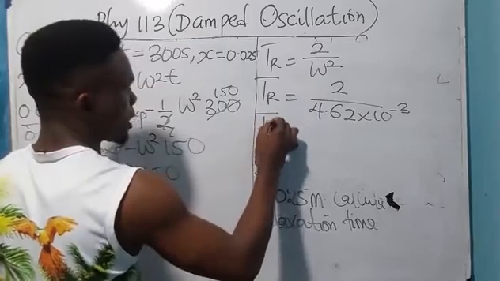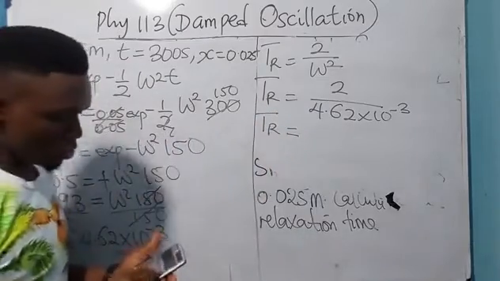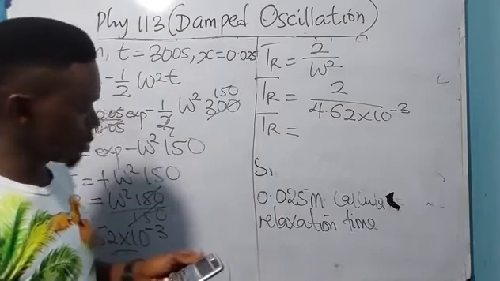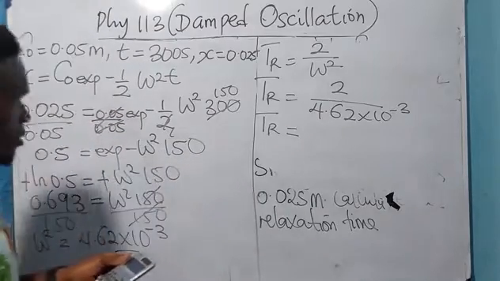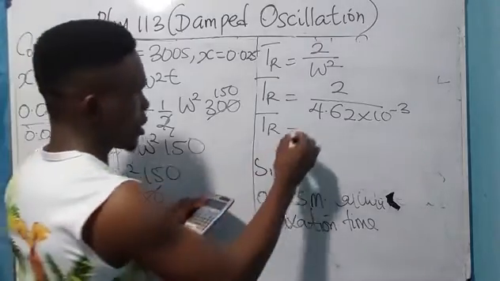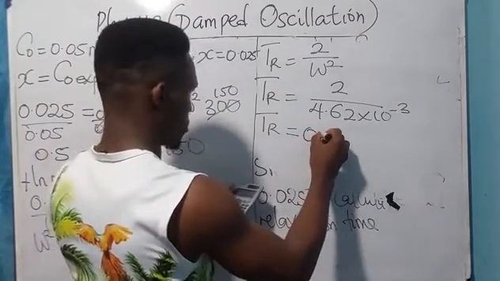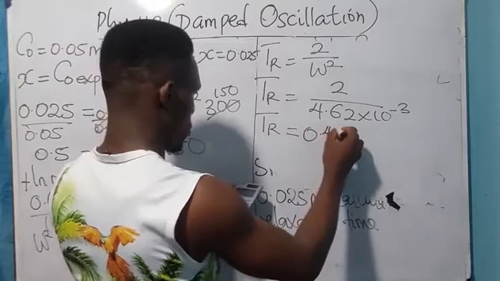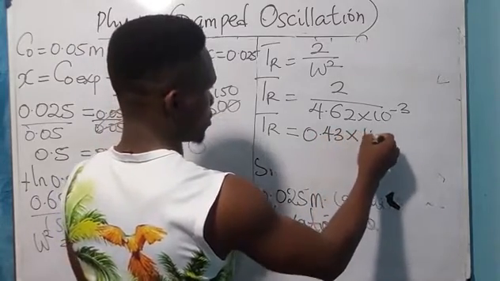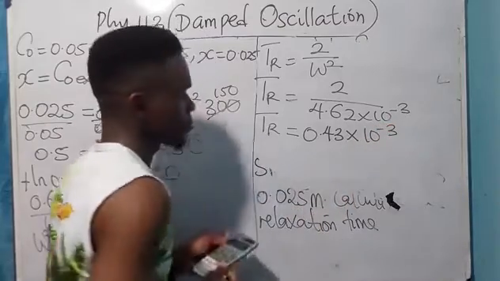So relaxation time is equal to 2 divided by this. That's 2 divided by 4.62, which gives 0.43 times 10 to the minus 3.